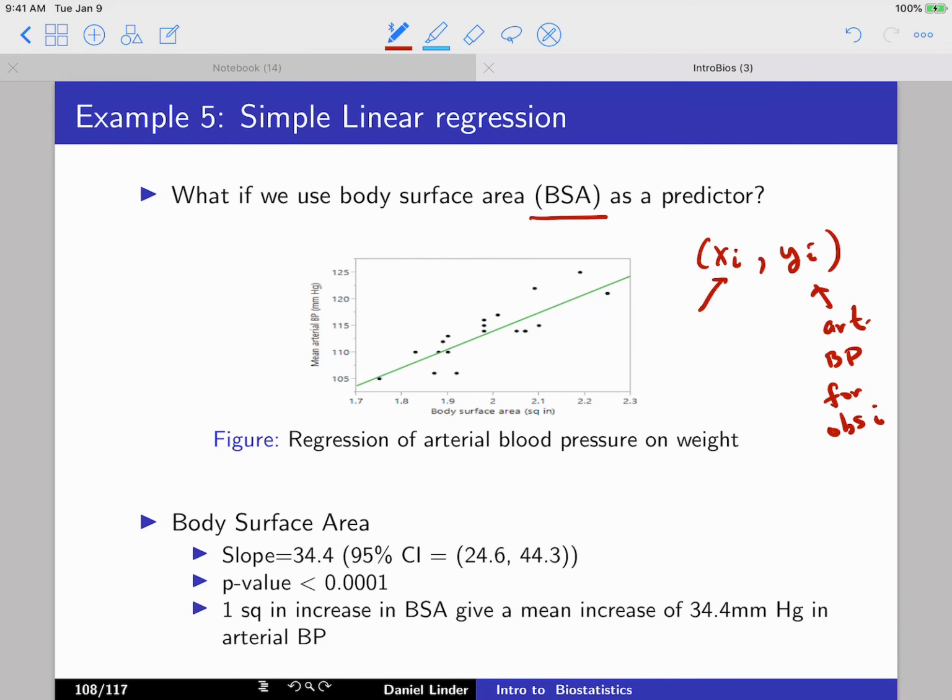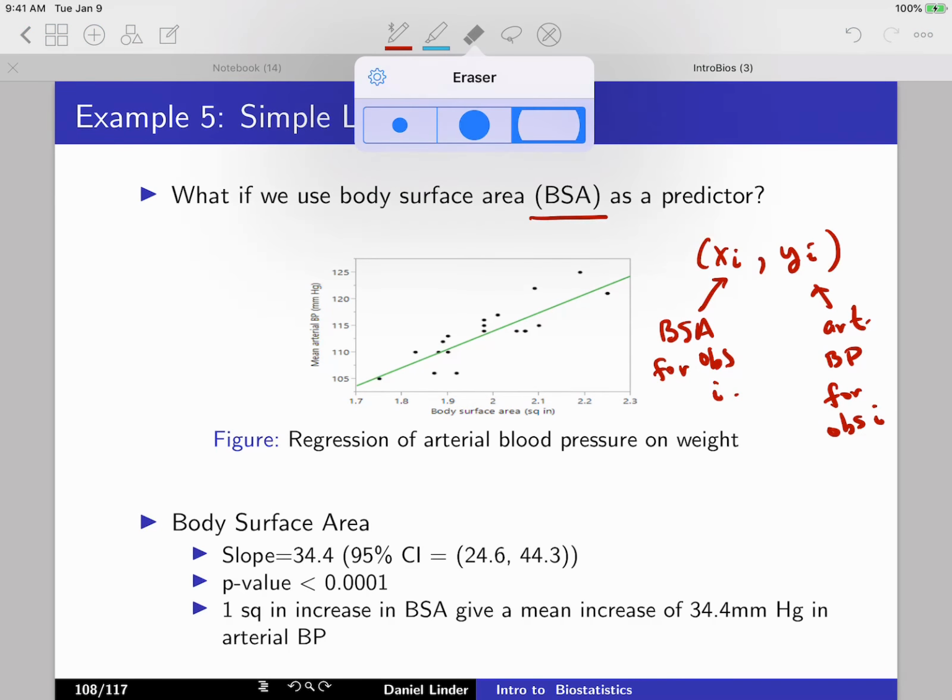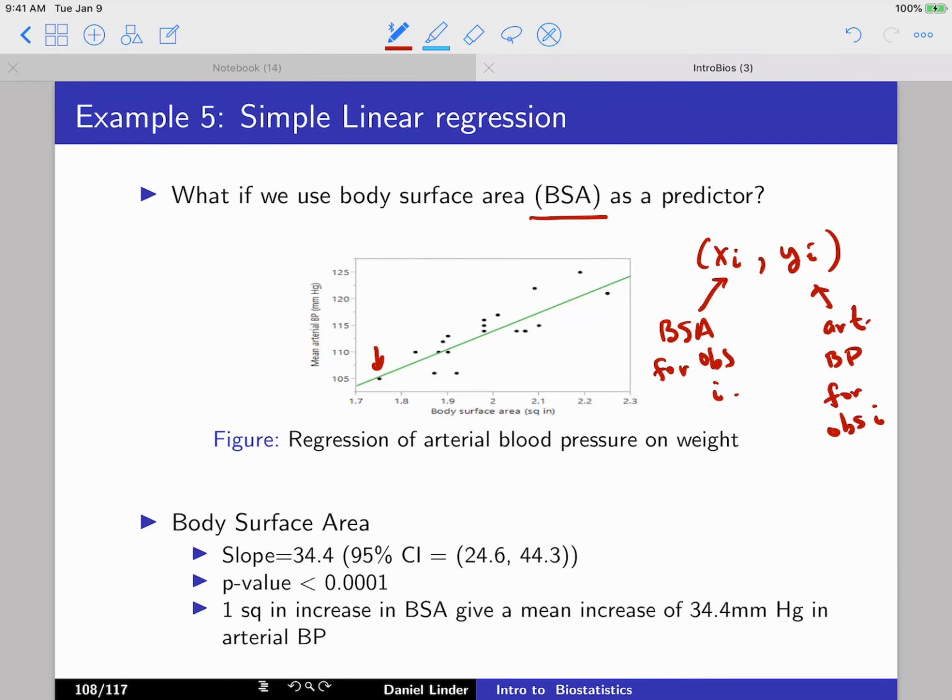But now x is the body surface area for observation i, BSA for obs i. So that's this cloud of points that you see here. All these points are those xy pairs. And this green line is the line that fits through that cloud of points the best.